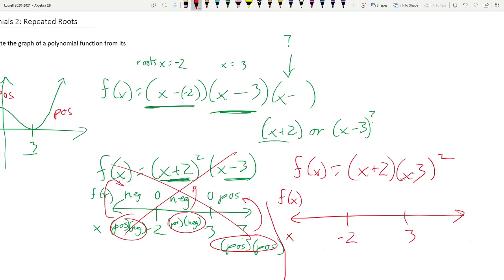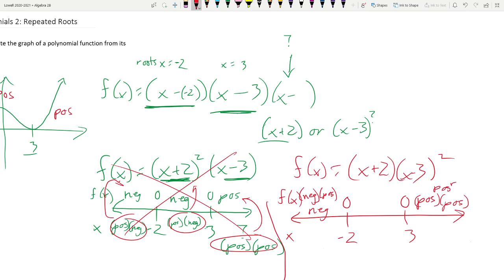Okay, so again, this part's going to be positive, the second piece. And let's see, when x is very negative, then a big negative number plus 2 is still negative. And so we're going to end up with a negative times a positive, which is equal to negative. Again, at -2 we have 0, and at 3 we have 0. We'll go all the way to this end. This would end up being a positive number times another positive, so that's of course positive.